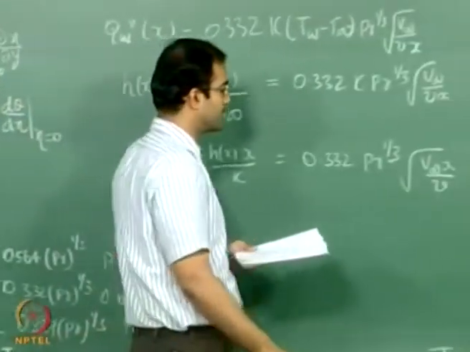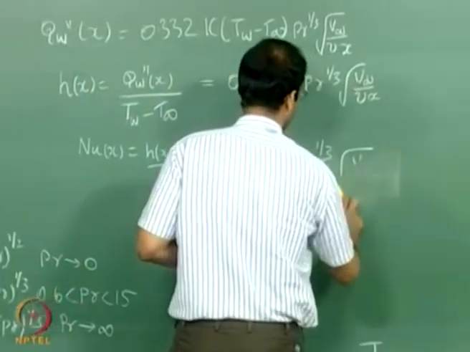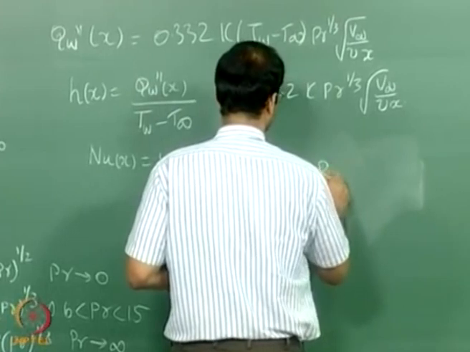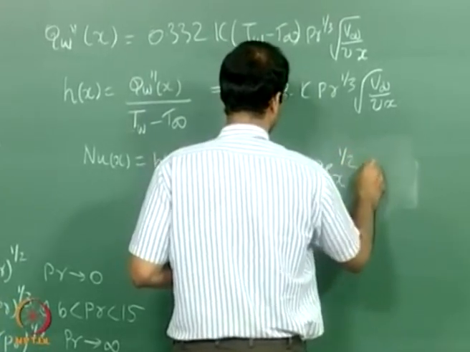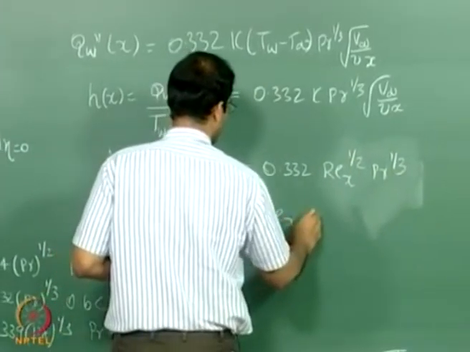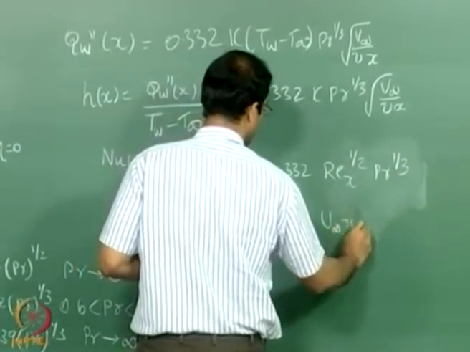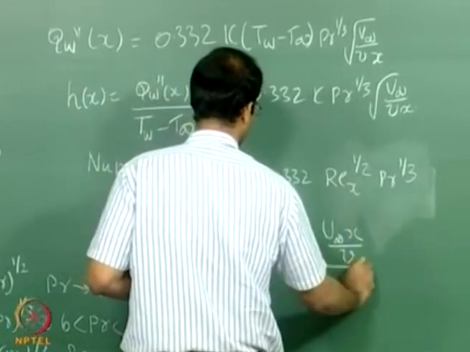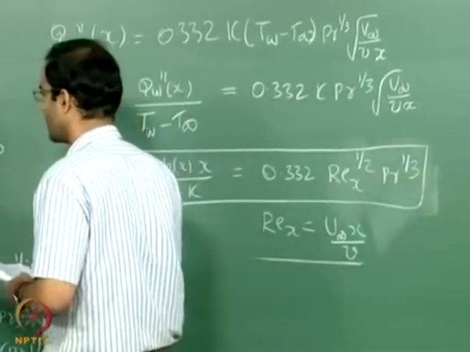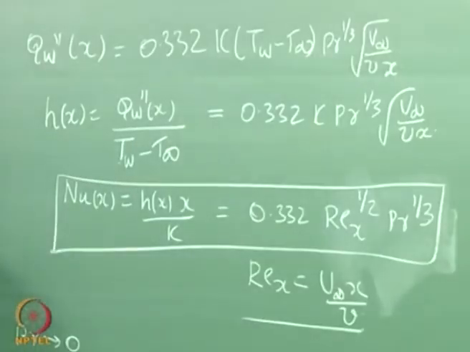Which is nothing but the Reynolds number, where your local Reynolds number is u infinity x by the kinematic viscosity. So this is the final expression that you probably find in the textbooks.